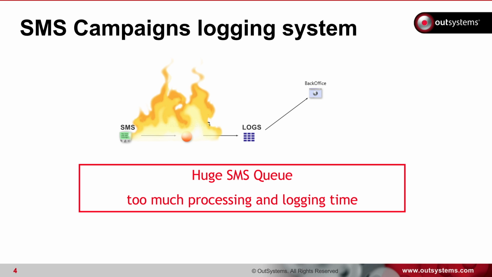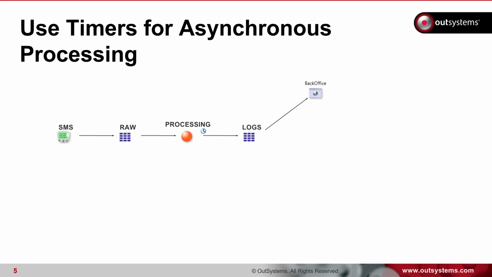So this didn't work. The first solution, of course, is to make this asynchronous, and we use timers. So now the idea is to have the preparation of the SMSs here. We store that preparation on a temporary table or entity, which we call the raw entity.